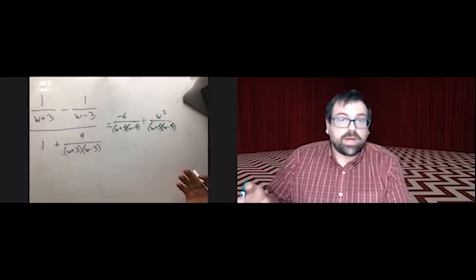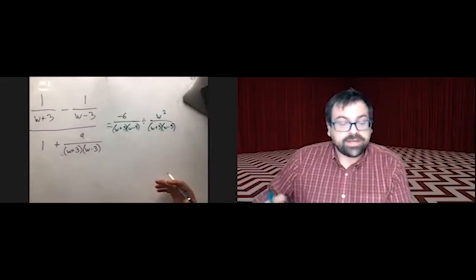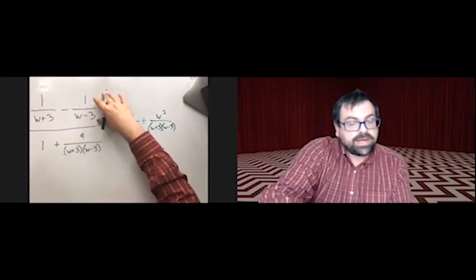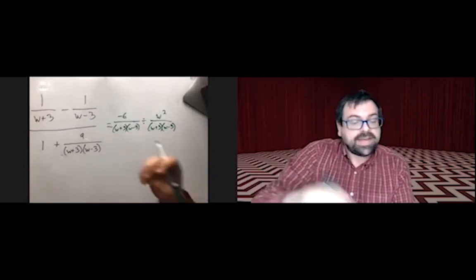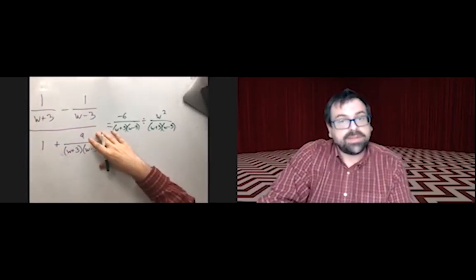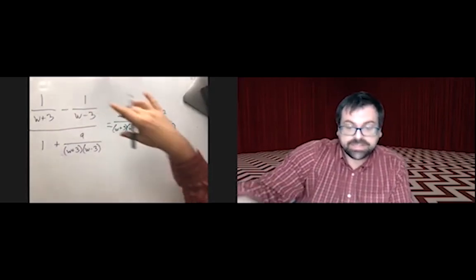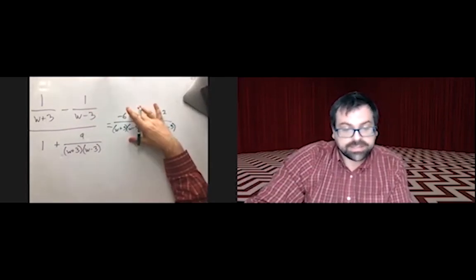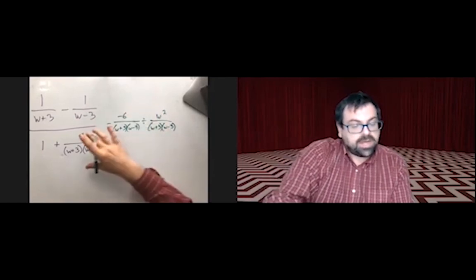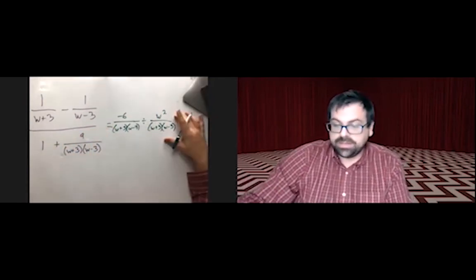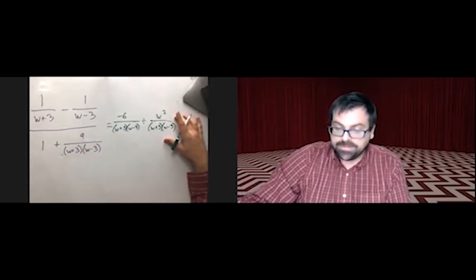This is still method 1. The other way we could have done it is start by writing this numerator in parentheses divided by this denominator in parentheses. And then we keep going until the numerator is simplified to this, and the denominator is simplified to this.